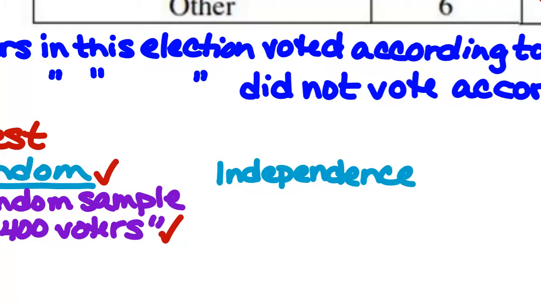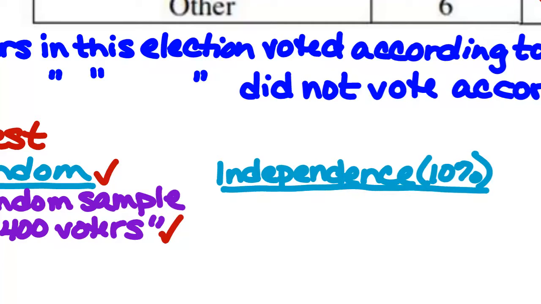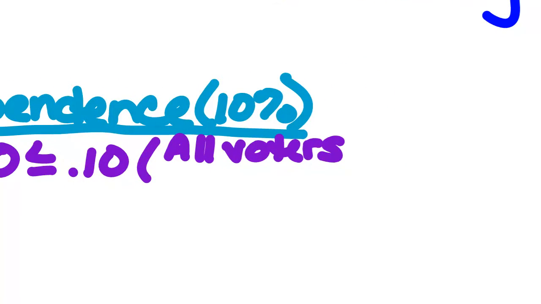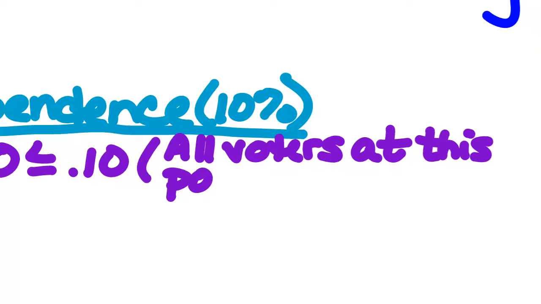Anytime we take a sample, we need to check our 10% condition. All right, they took a sample of 400 voters. So 400 has to be less than or equal to 10% of, they didn't say where they did this at, right? So as long as there's 4,000 people at this polling location, because they did take their entire sample from one polling location. So all voters at this polling location.